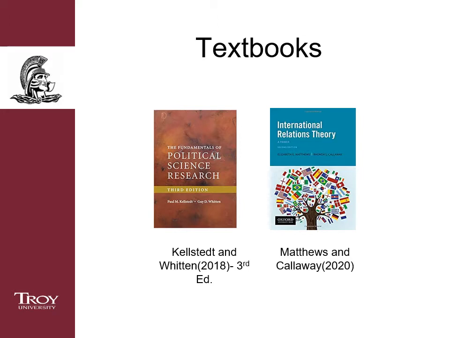The Kellstadt and Witten text would be great for the research methods course. It's good for this course because of the first few chapters, which is the main emphasis where it lays the foundations. Then as we go in, we're going to use parts of subsequent chapters about various statistical things, not as heavily as you would if this was a methods course. So that's how that textbook is fitting in.